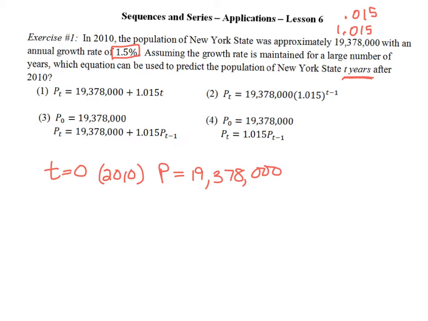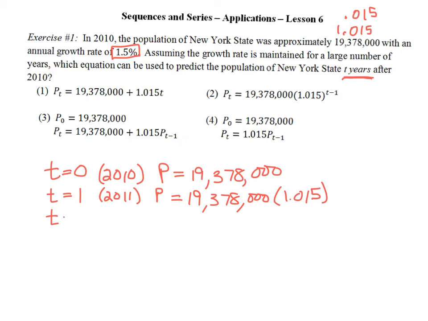19,378,000. So if I go 1 year later, T equals 1, would then specify 2011, and then my population is going to be what I had before, 19,378,000, multiplied by one factor of 1.015. Let's go one more. If T is equal to 2, that tells me that I'm talking about the year 2012.